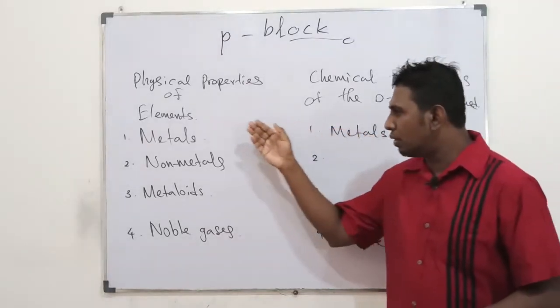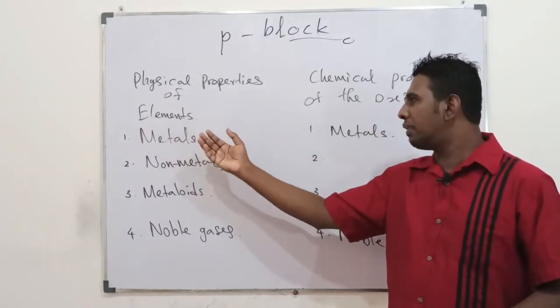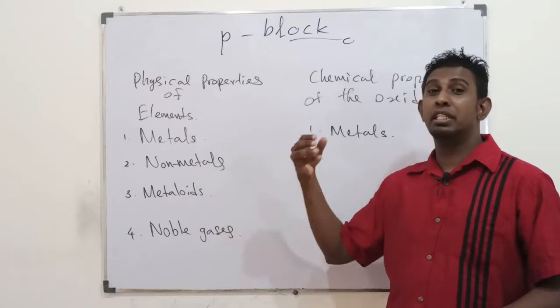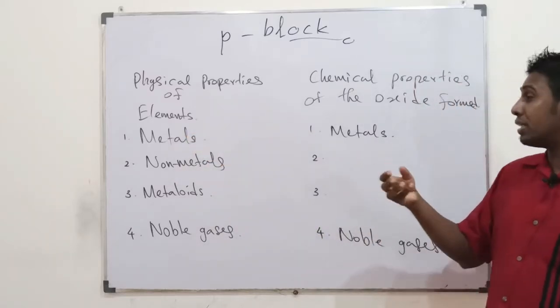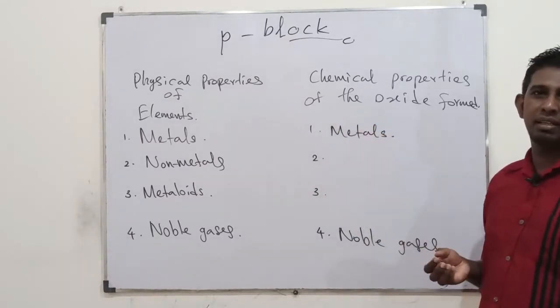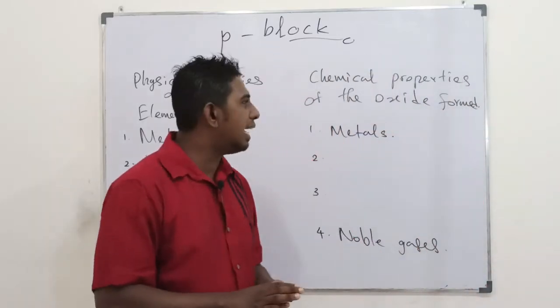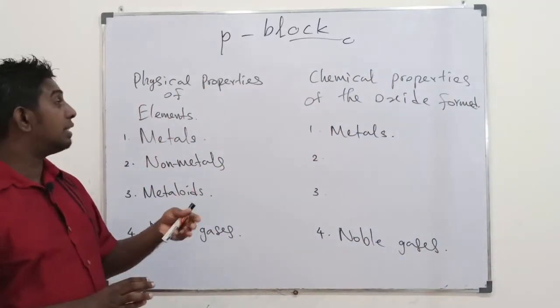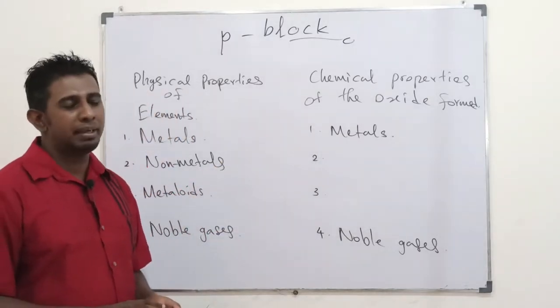So mostly you would find that the same metals here exhibit those physical properties and form basic oxides, so they would belong here as well. But the reason I am giving you this is that sometimes there are some deviations. Okay, let's find them now.